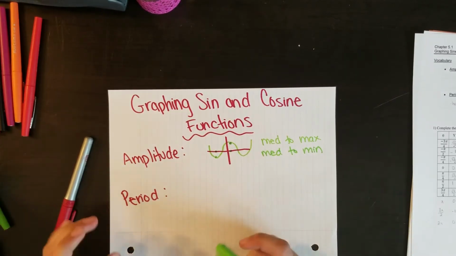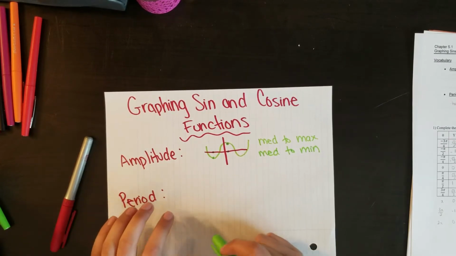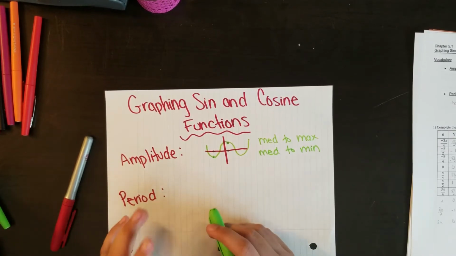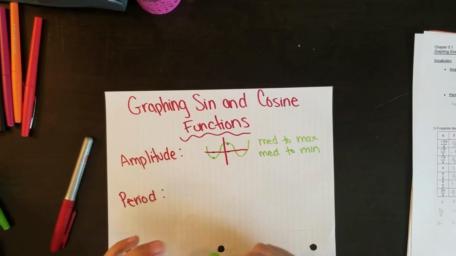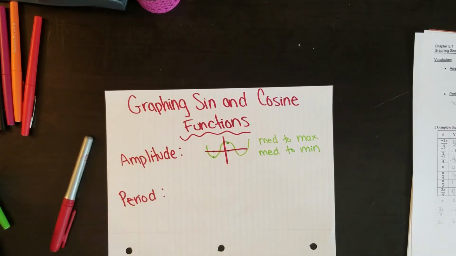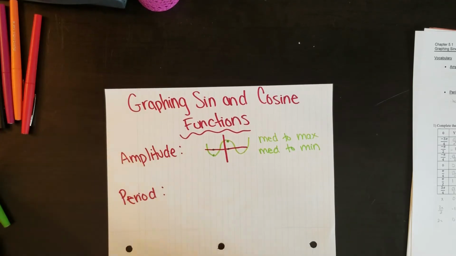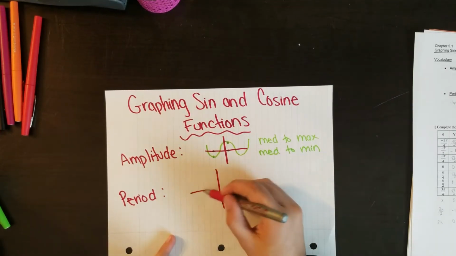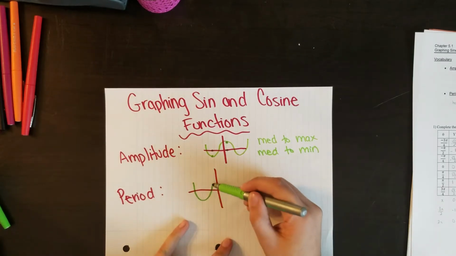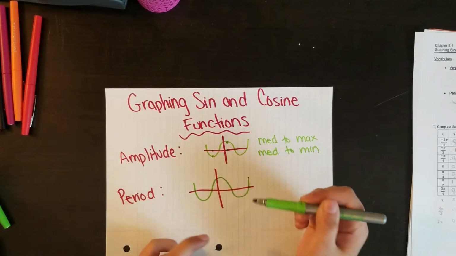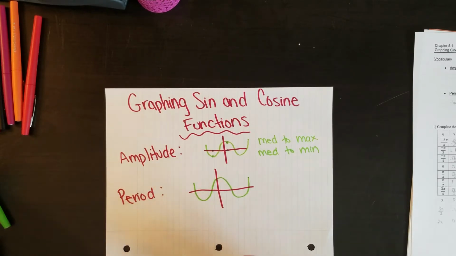So the second thing we're going to talk about is the period. So the period is the horizontal distance. It's how long it takes to return to the original starting position. So if I drew out another graph and it looked something like this, I need to pick a point, any point on my graph.